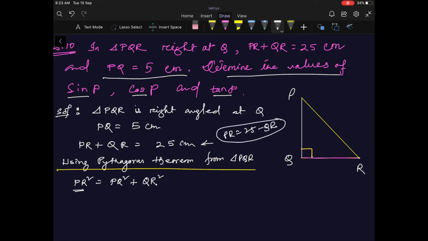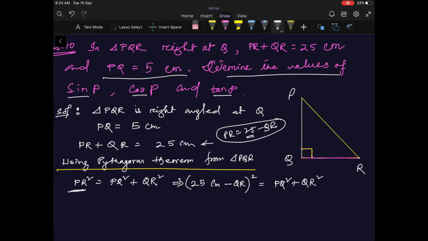So let us replace PR by 25 minus QR. This implies 25 centimeter minus QR whole square is equal to PQ square plus QR square.